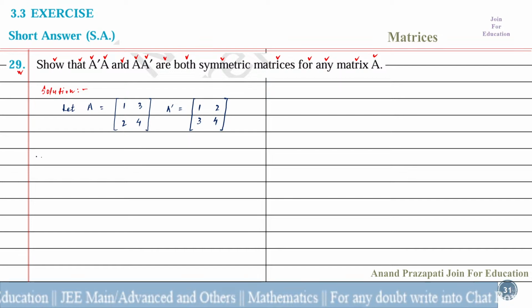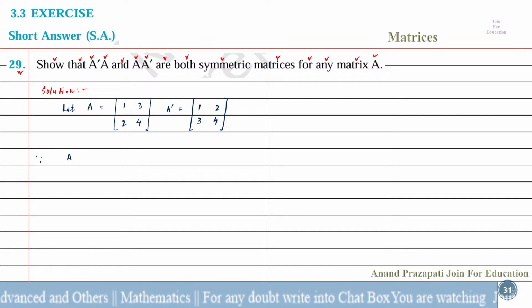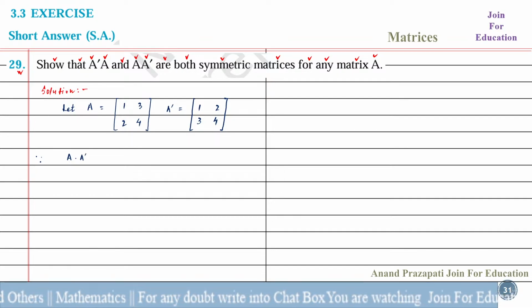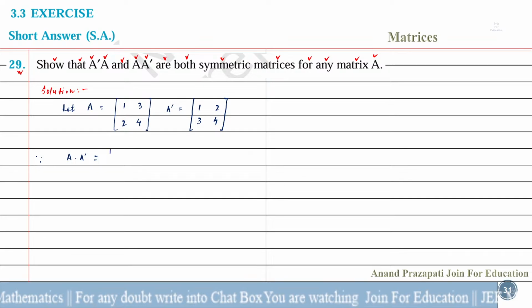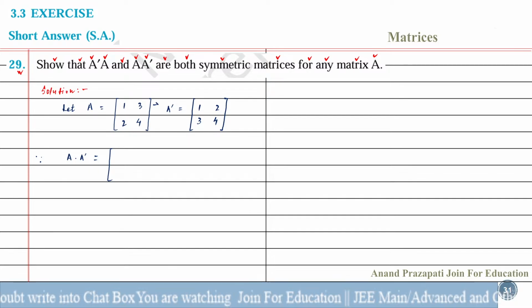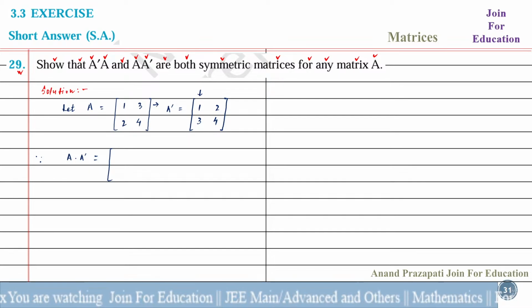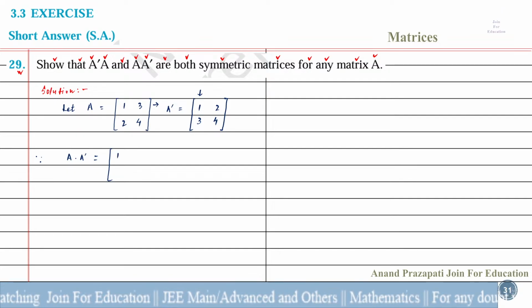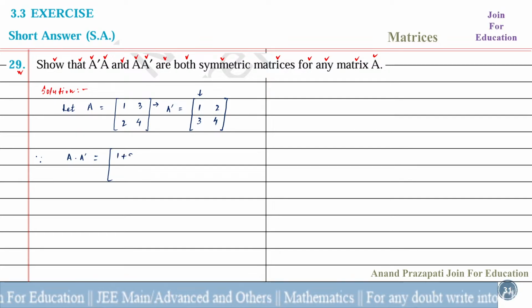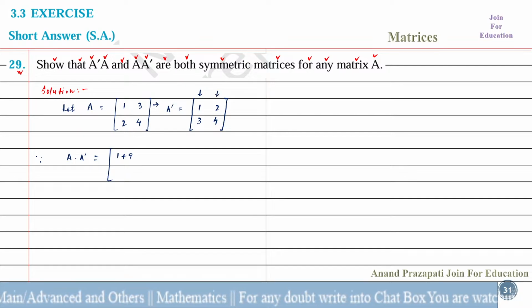Now we find out A into transpose of A, and here will be what? 1, 3 multiplied by the corresponding element of 1, 3, then we get here 1 plus 9, and 1, 3 multiplied by the corresponding element of 2, 4.